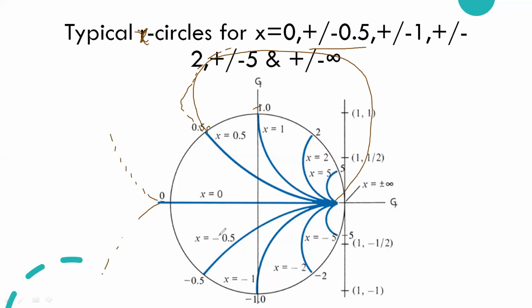I am unable to draw the diagram properly on the screen, so try to assume this forms a circle. Within the unit circle, it has taken some portions of the reactance circles. Similarly for X equal to 1, X equal to 2, X equal to 5, and it goes on.